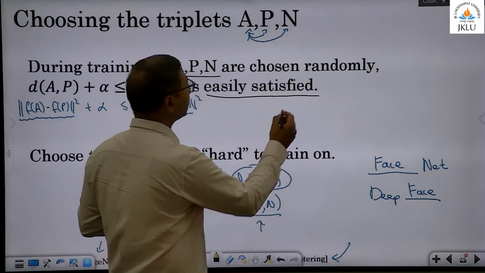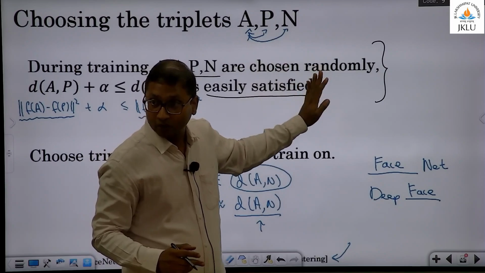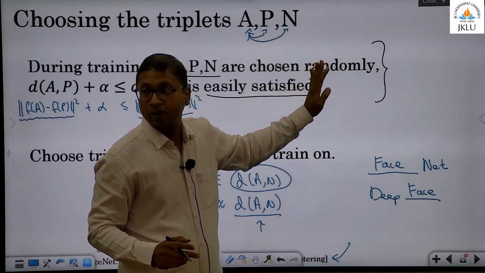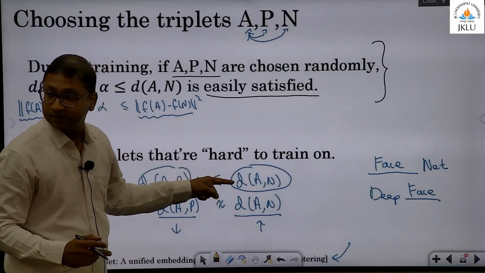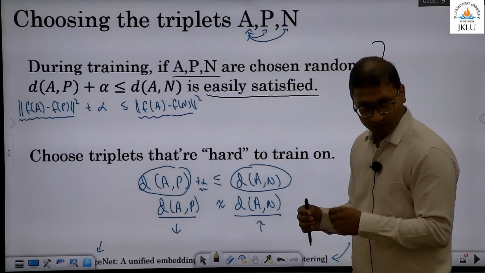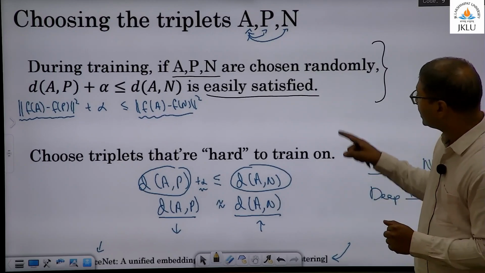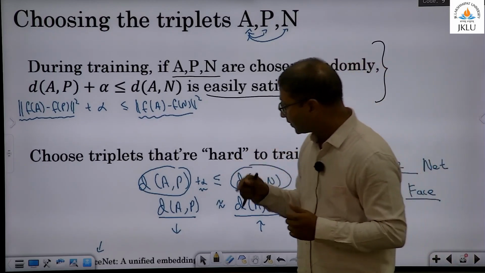So choosing randomly is just not enough. It works, it is good, nothing wrong about it, right? But if you do this thing, then it really improves the performance of the model.